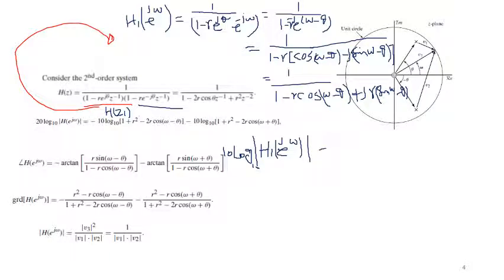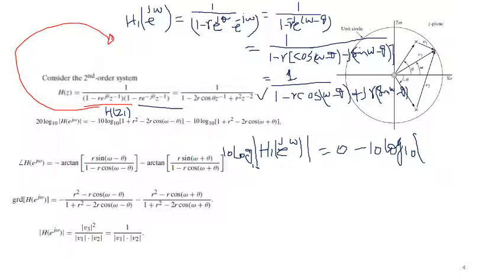Because the numerator has a value of 1, log of 1 will be 0, and since it is divided, it becomes 0 for the numerator, minus 10 log of the magnitude of the denominator. You understand why we take the minus sign.